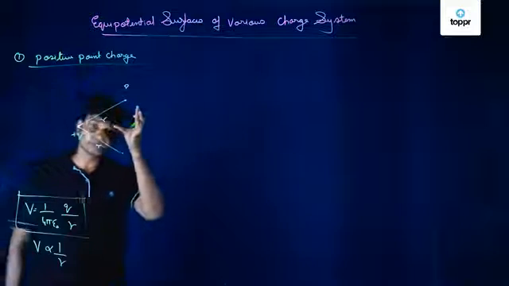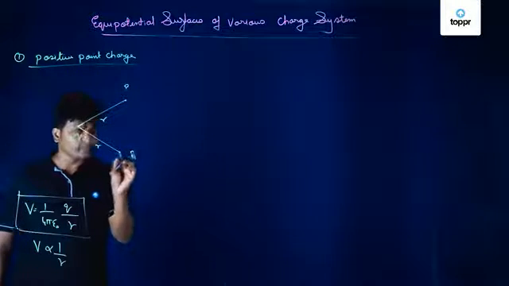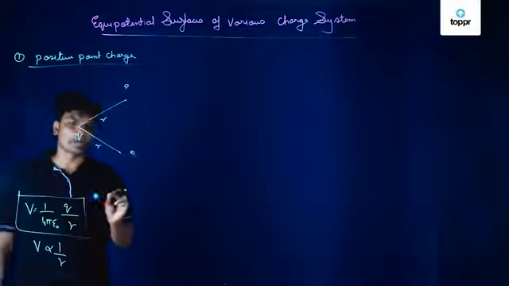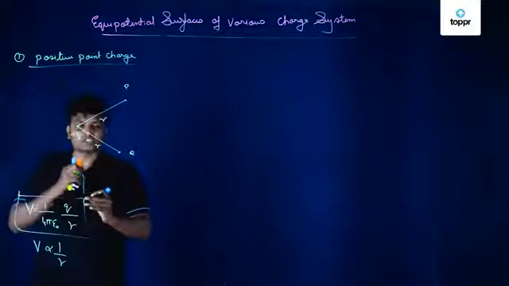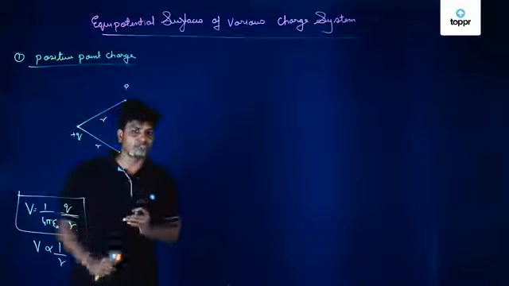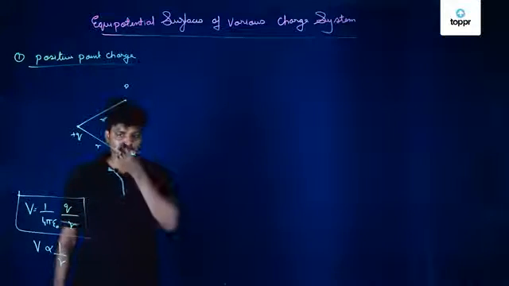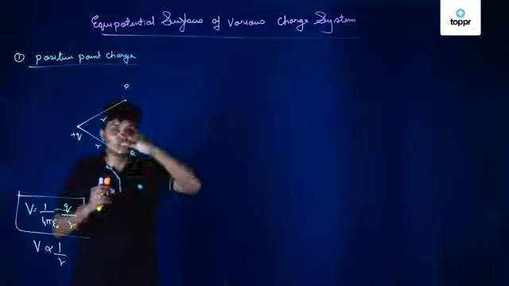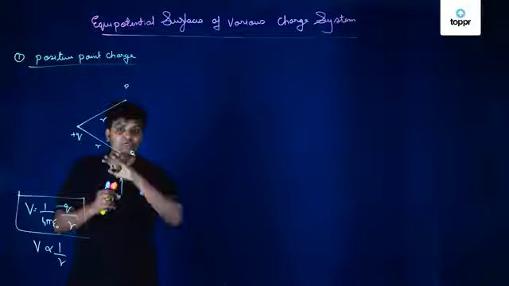Yes, it will be the same. So if I join all such points, I get a surface at which the potential will be the same. For this point charge, I require a surface in the form of a sphere.